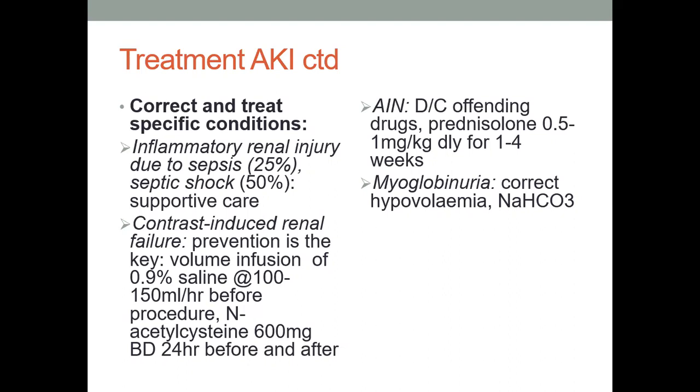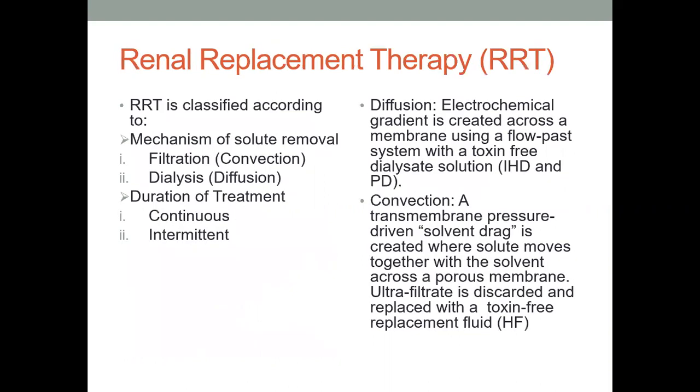For patients whose acute kidney injury is due to acute interstitial nephritis, you want to discontinue offending medications like your NSAIDs, like I mentioned, and steroid use may help. In myoglobinuria, you want to correct your hypovolemia, and sodium bicarbonate may help in such instances.